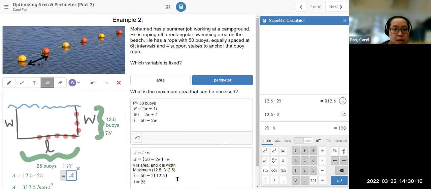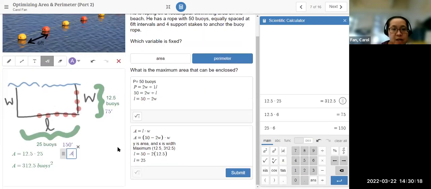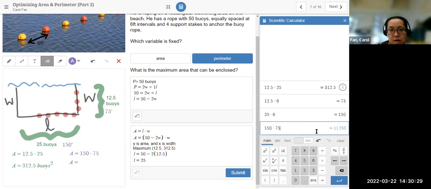Okay, so let's use area now in terms of feet. Area is 150 times 75 feet, which is 11,250 square feet.